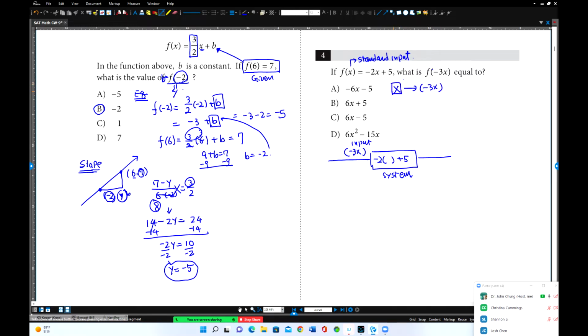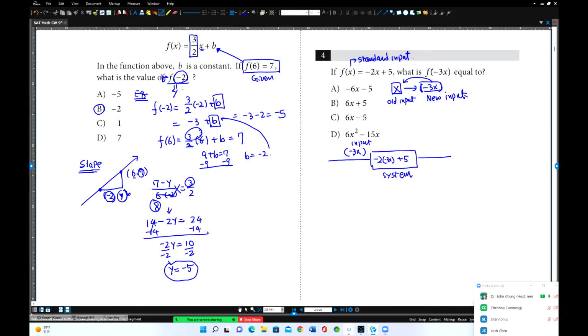We use x as the input for our convenience, but now this is the new input that will replace it over here. This x is totally different. This is the new input and this is the old input, so replace with this one.